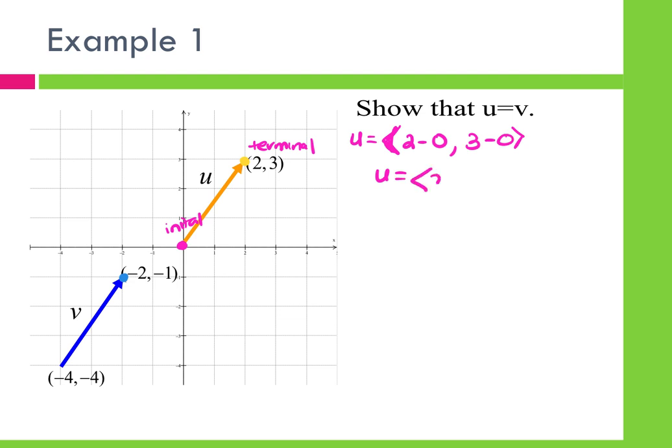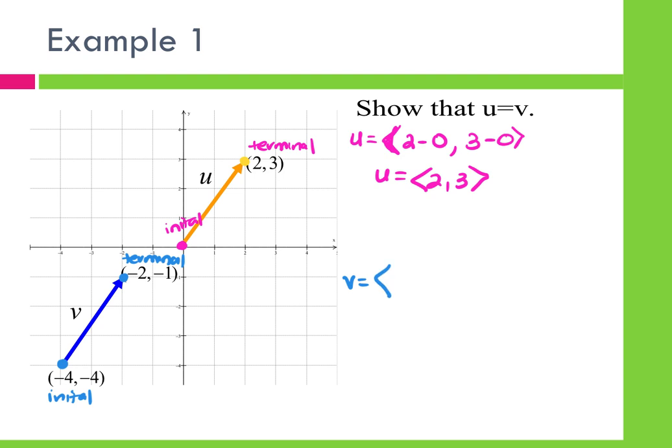And the component form of u is 2, 3. Now I'm going to do the same thing with v. I'm going to find the component form of v. What's my terminal point? Good. And what's my initial point? Good.